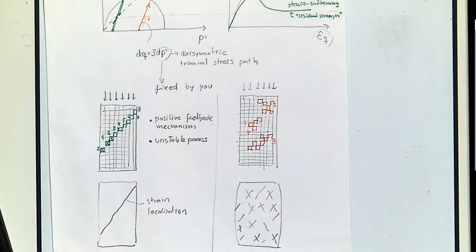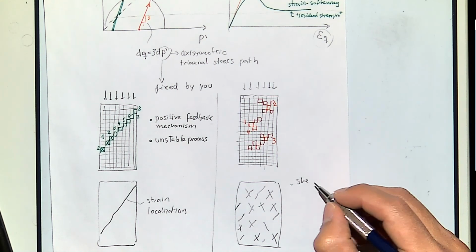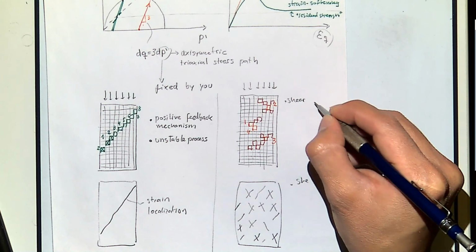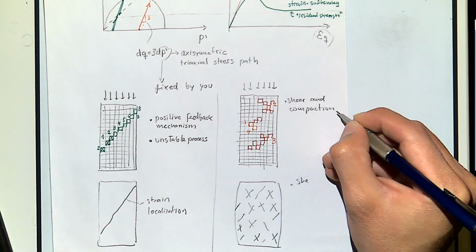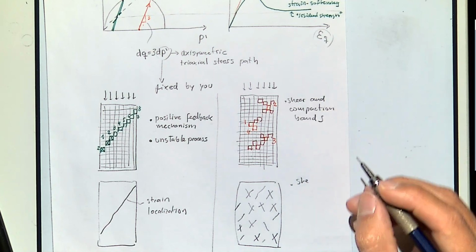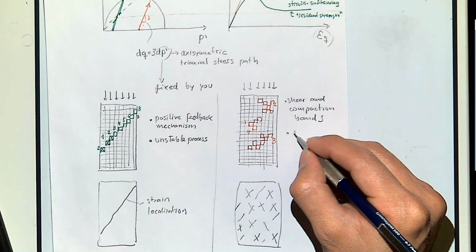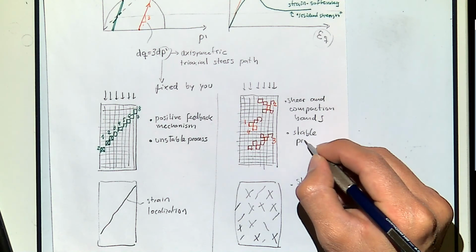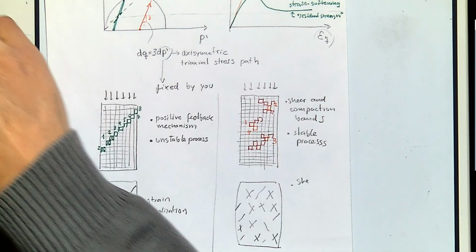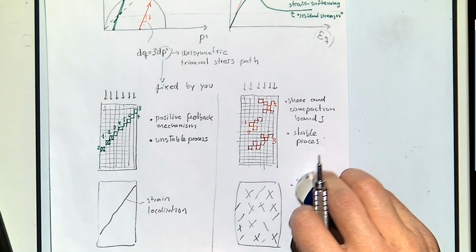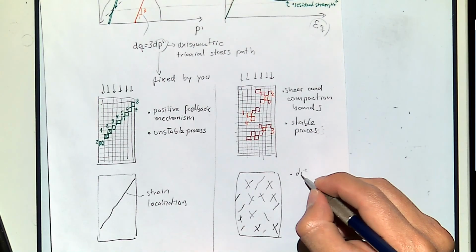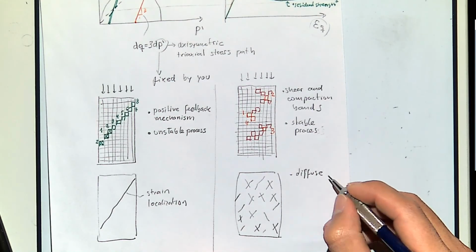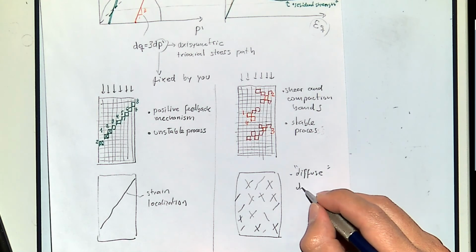And this is when you get shear, let me write it here, shear and compaction bands. And opposite to the previous one, this is a stable process, and opposite also to strain softening, now you have diffuse deformation.